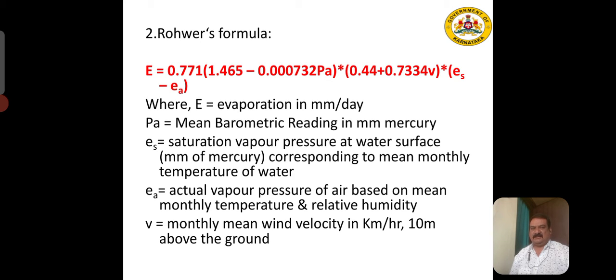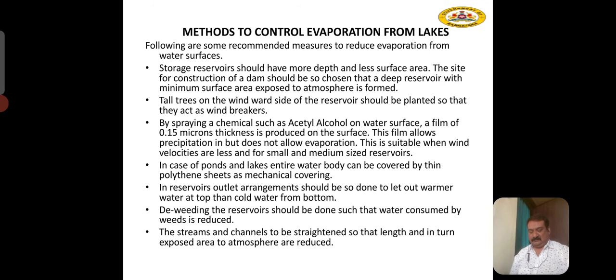Now after seeing the measurements of evaporation by pan measurement method and empirical formula, that is Mayer's formula and Rover's formula, we will see how to control the evaporation from lakes.